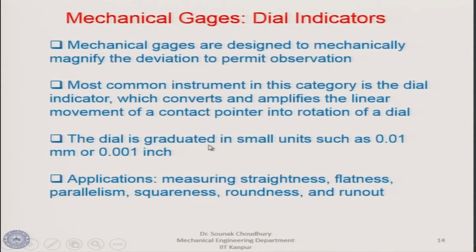The dial is graduated in small units such as 0.01 millimeter, or even 0.001 millimeter, depending on the accuracy of the dial indicator that I already told you. Applications are for measuring straightness, flatness, parallelism, squareness, roundness, and run out. These are the purposes for which the dial indicator can be used.